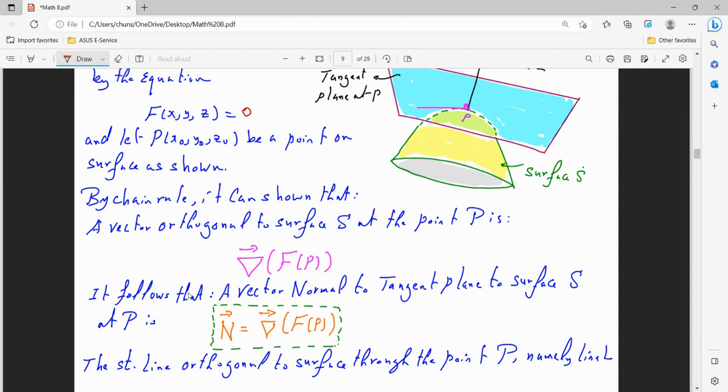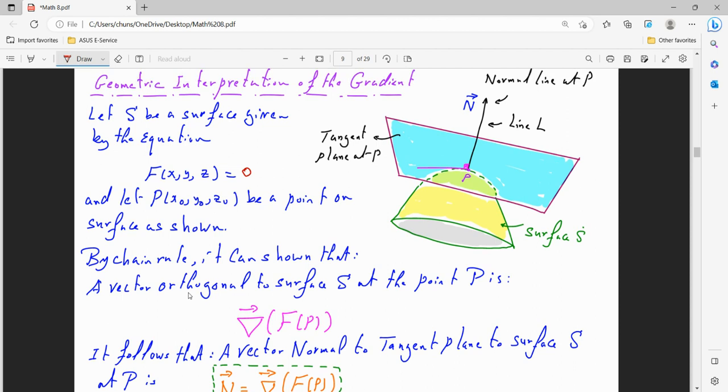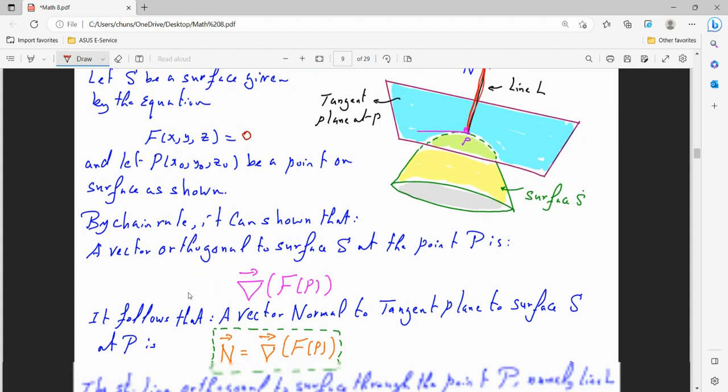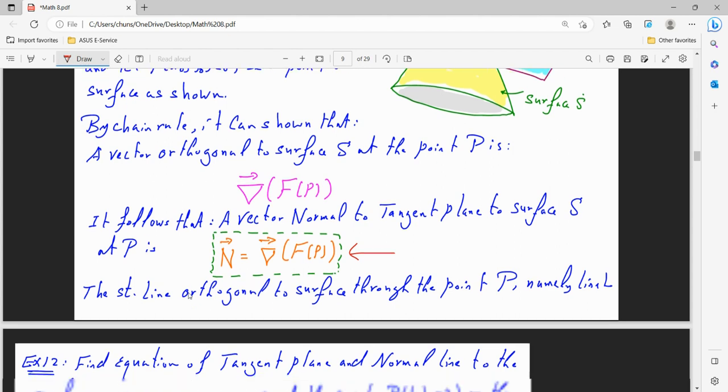So basically this represents a normal to our tangent plane. So if we make a tangent plane to our point, right, this normal vector comes out of that plane that we just added. So that's how we could use our gradient, where our gradient is equal to our normal vector from our tangent plane.